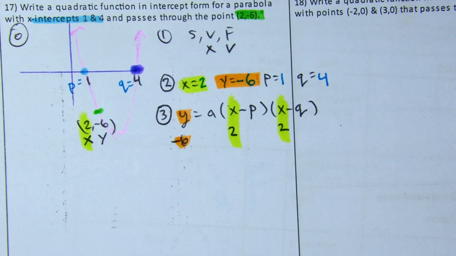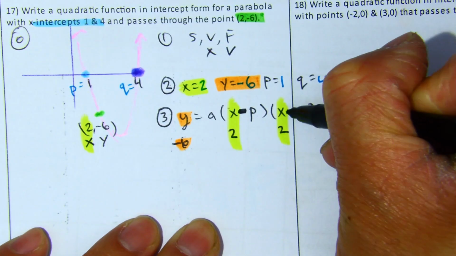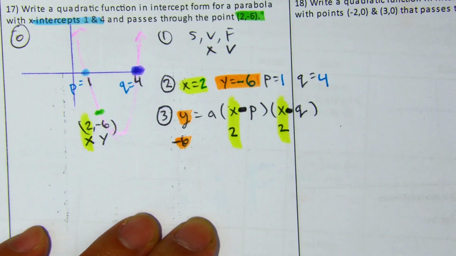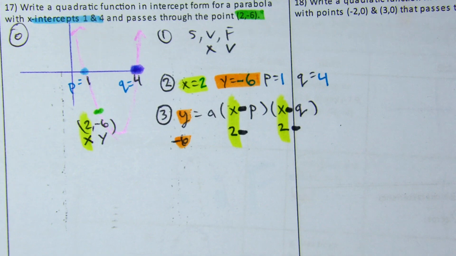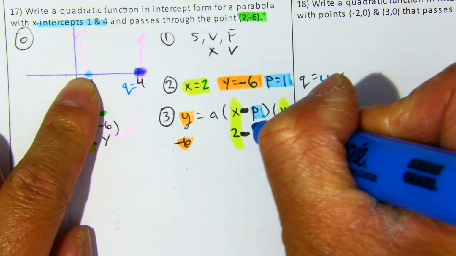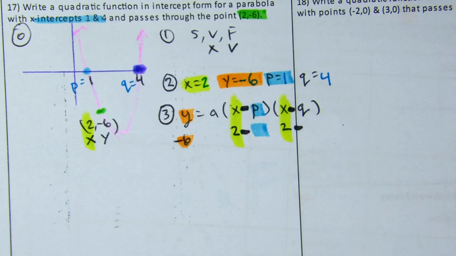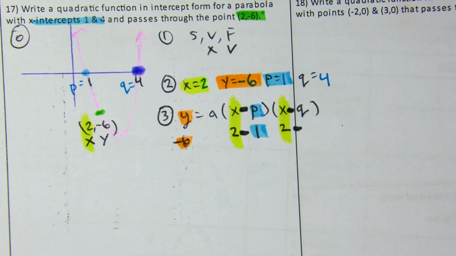The math gods have decided that many of the formulas have a minus sign in them. So we just have to leave the minus sign there for now, regardless of what p is, or q. My p value is blue. P is 1. So I'm going to put that there. P is 1. And Q, how about pink?